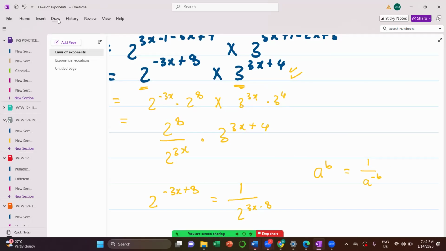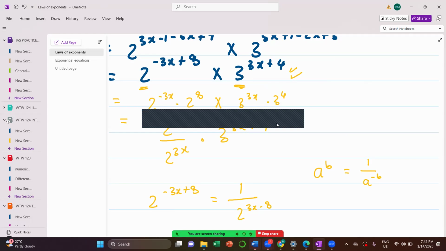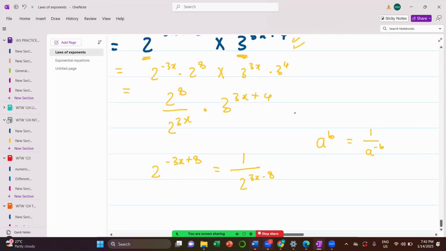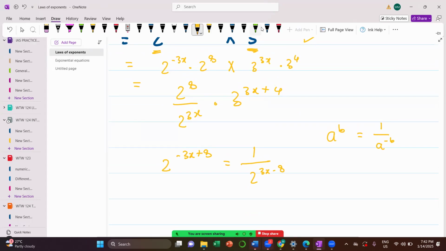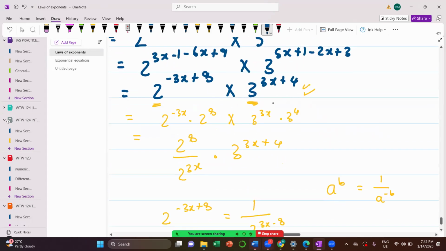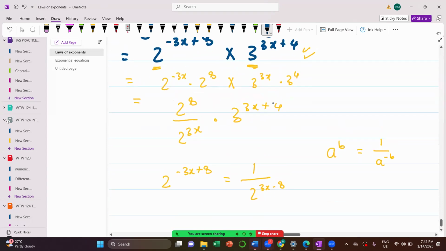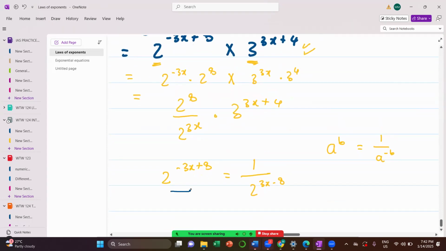Are you guys okay? So she wants to express it like this, but again, once she expresses it like this, she's going to continue and say, okay, I have this as being that, right?